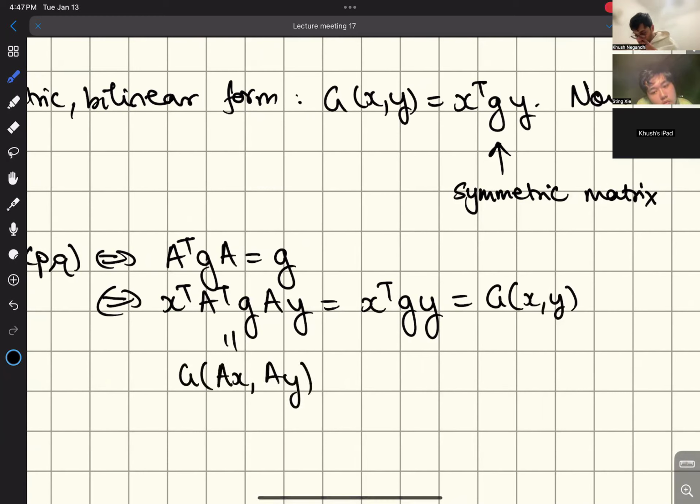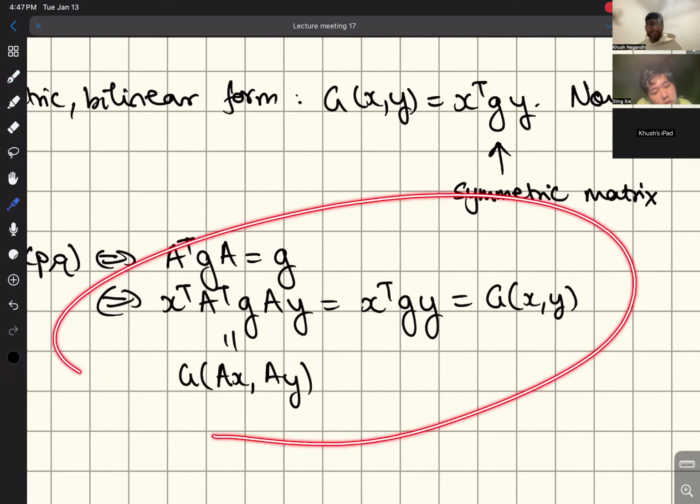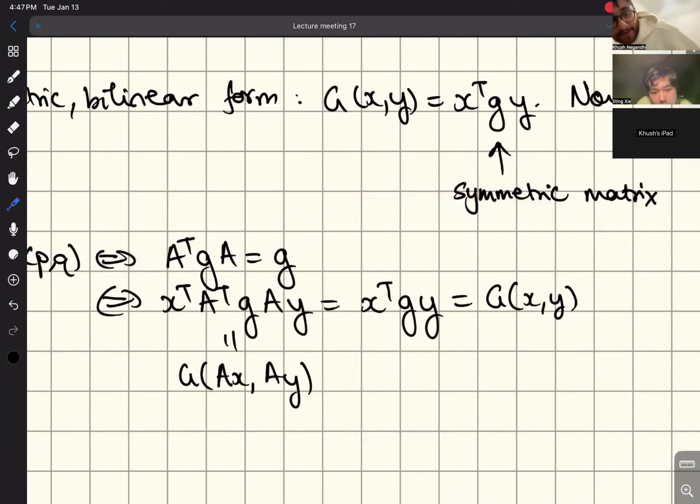So it's very easy to prove why this is the case.